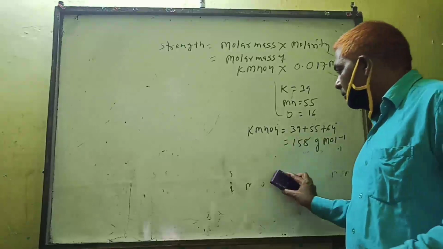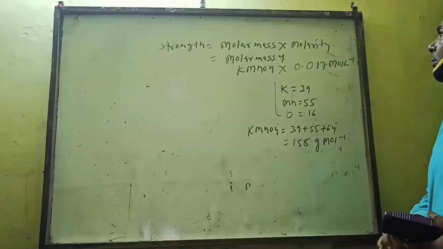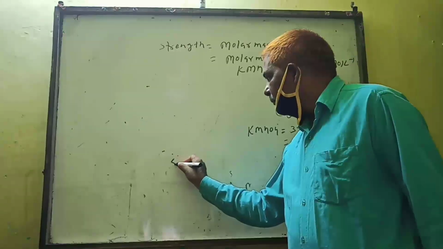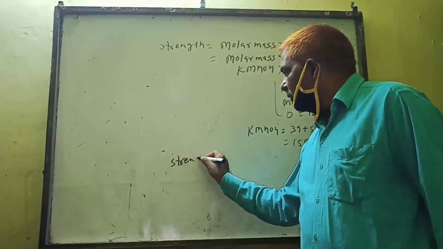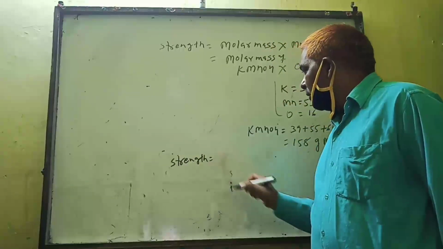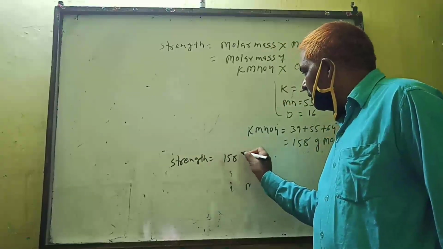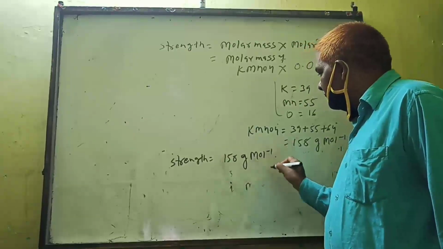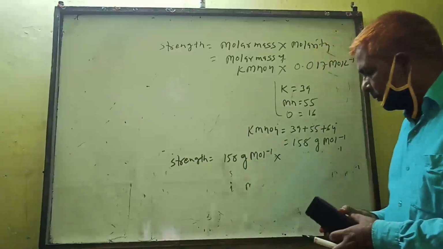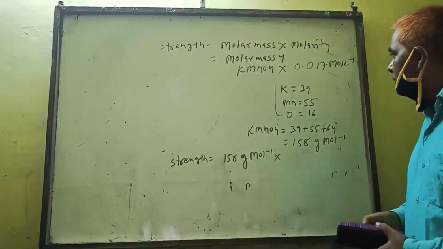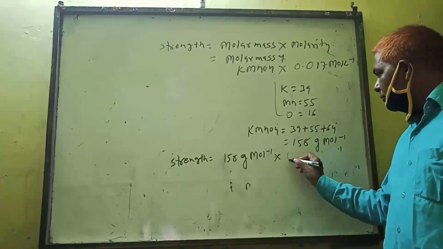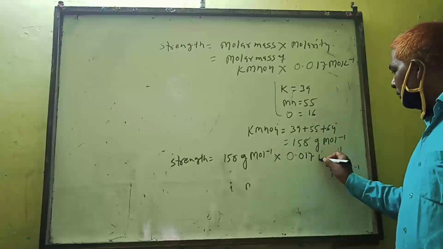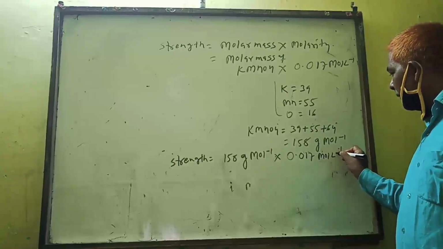Now put the molar mass of KMnO4 in the formula. Strength equal to molar mass 158 gram per mole into molarity 0.017 mole per liter.